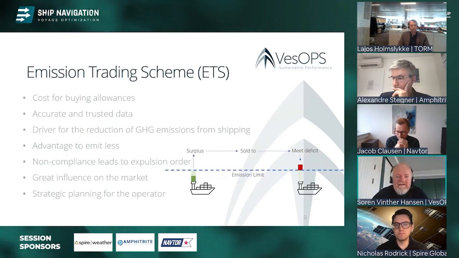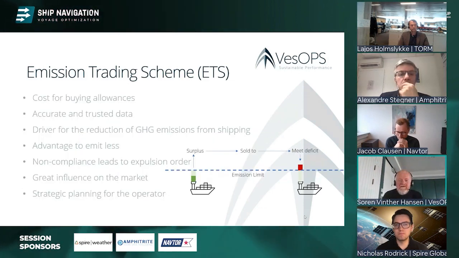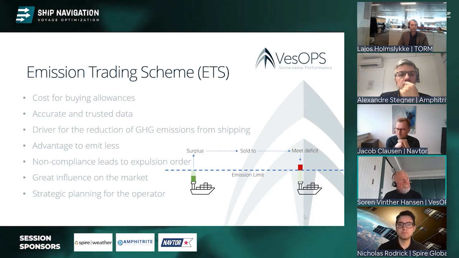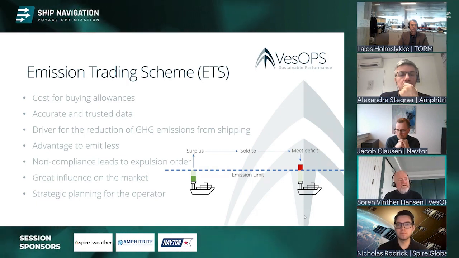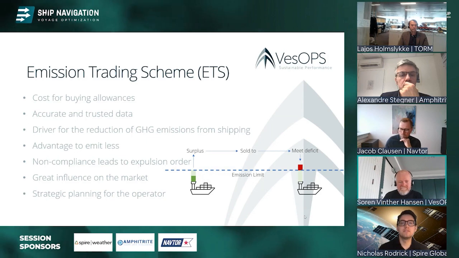Then of course there's a cost for buying allowances, and it will probably be based on accurate and trusted data, probably your IMO DCS data or your EU MRV data. And then it pays to emit less.